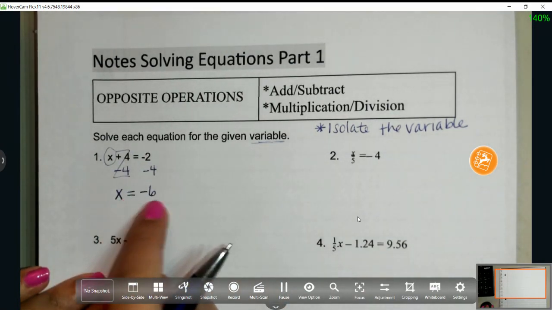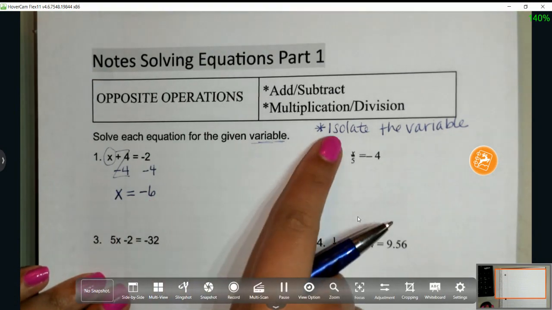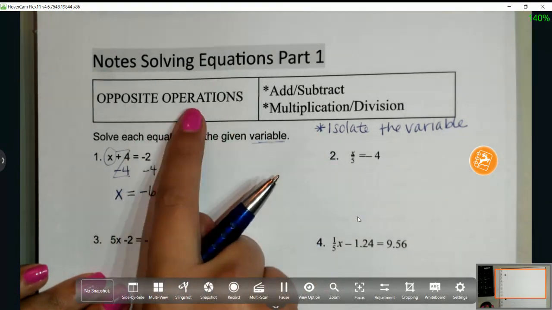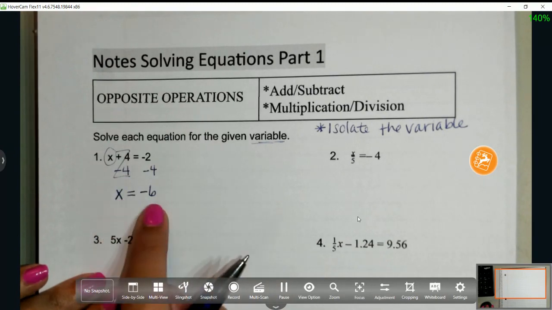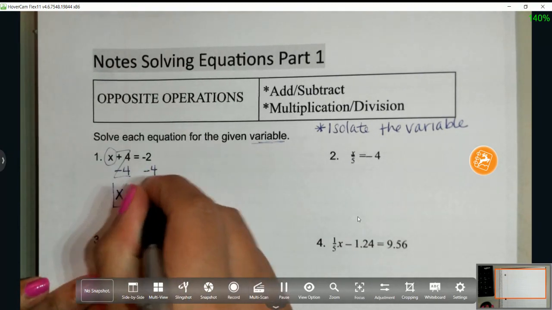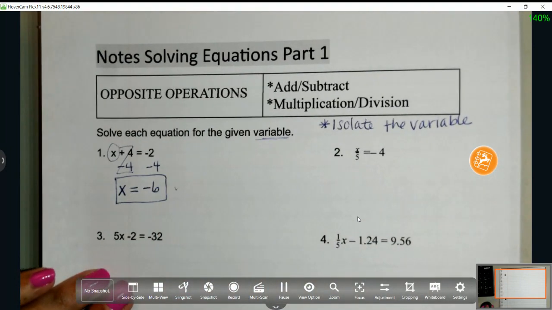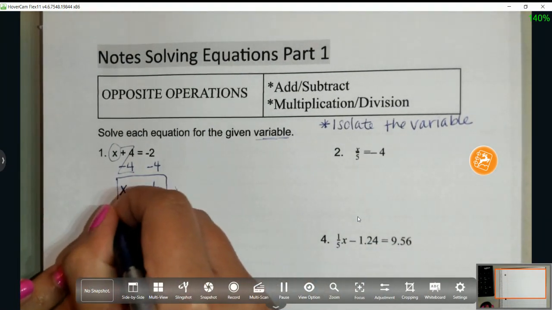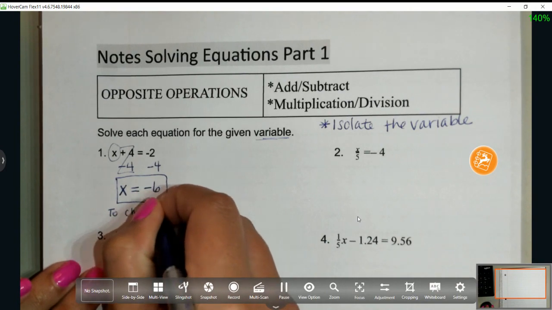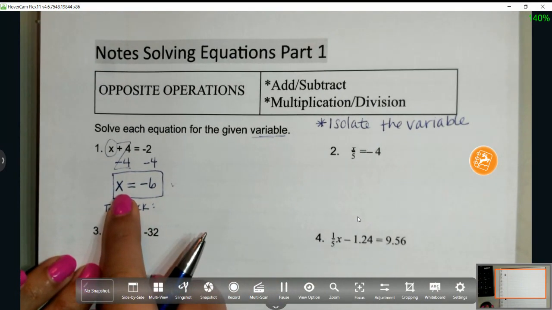And so that is our value of x. We got x alone by doing opposite operations. Once you solve for x, you can box it up, and that's our final answer. Now, to check, and you don't always have to do this, but you might want to check, we could plug it back in, right?